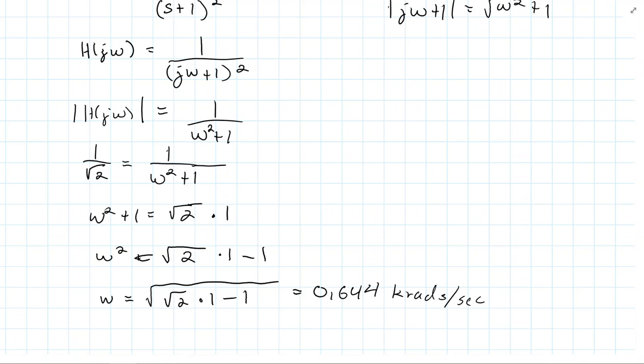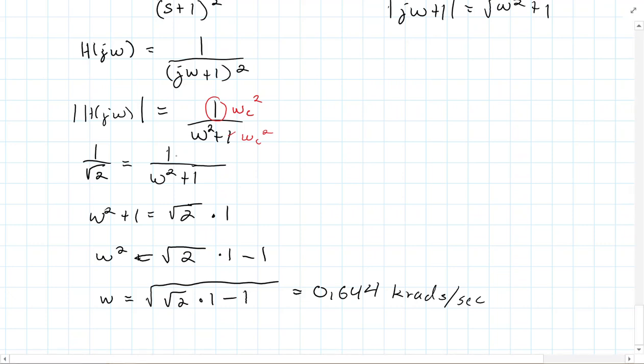Well, I've got here, let's think about what we have here in this equation. What I have here, this is omega c squared, and so is this, omega c squared. Right?